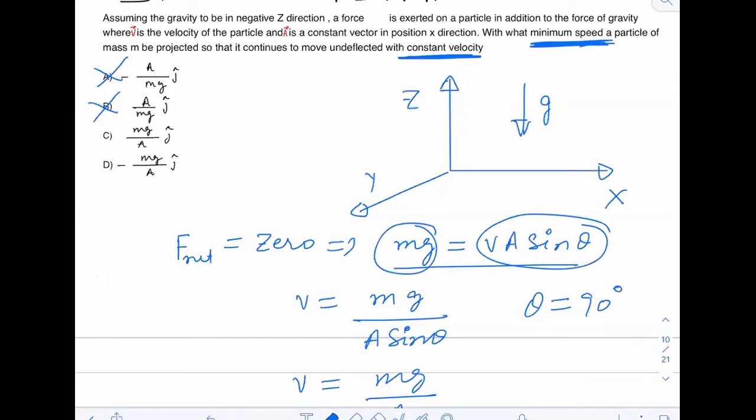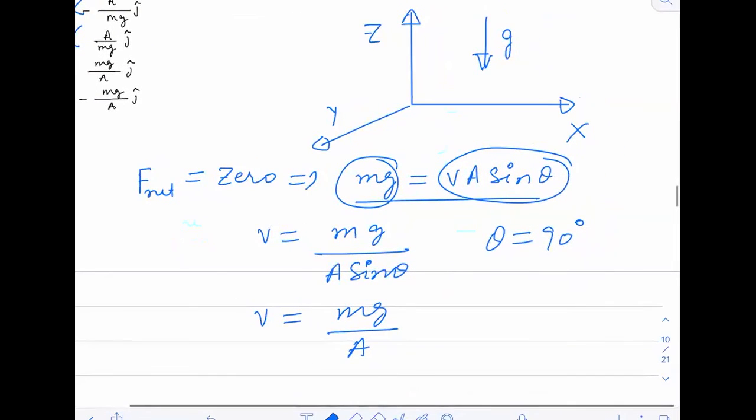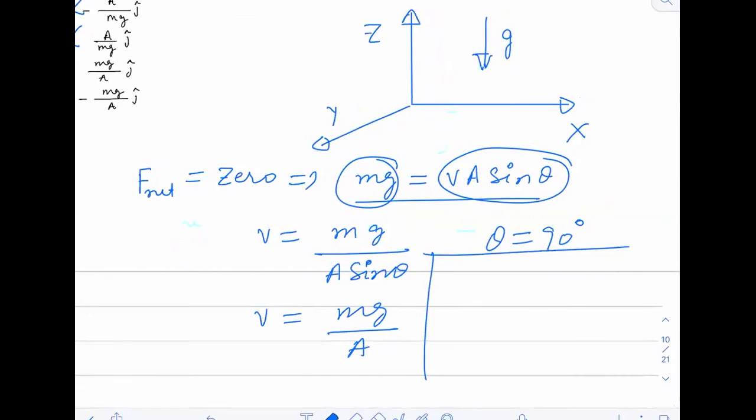Now, if they are acting in the opposite direction, so if you see here, I'm writing it here, g is towards minus k cap. This gravity force is having minus k cap value.